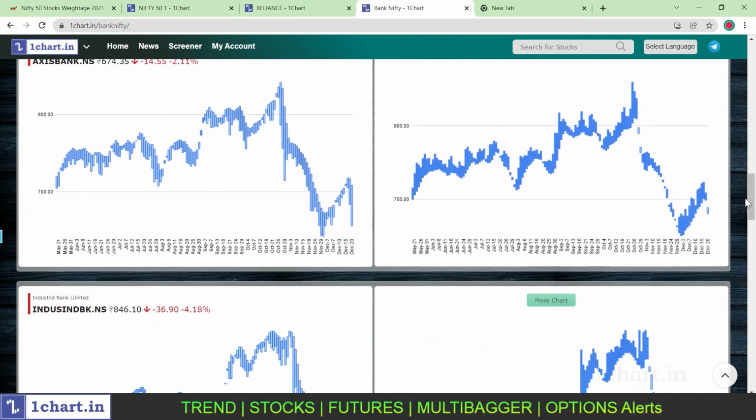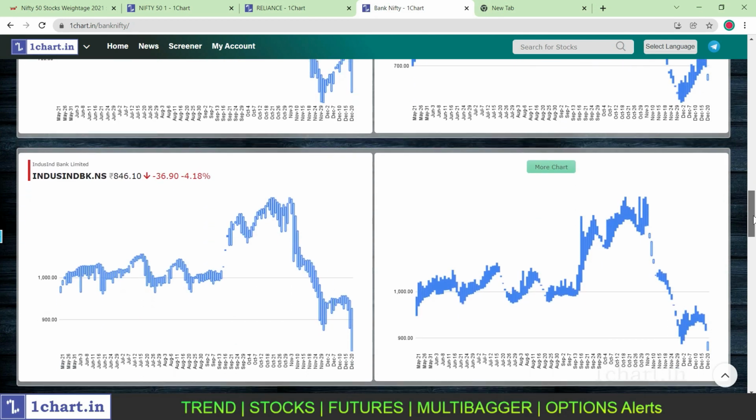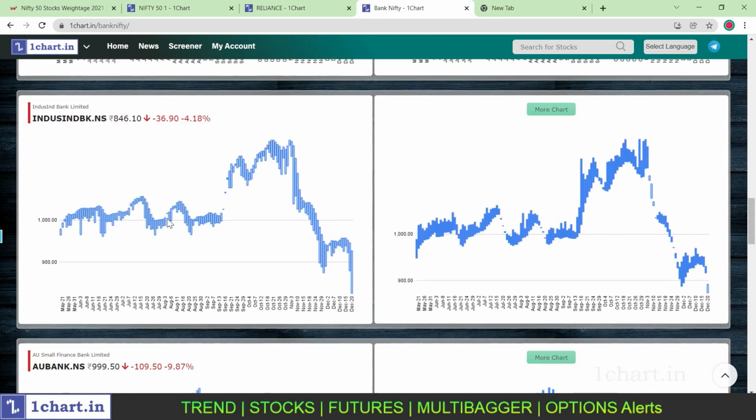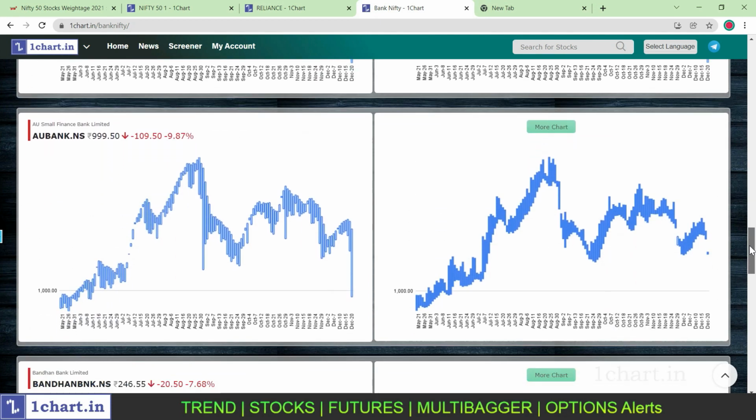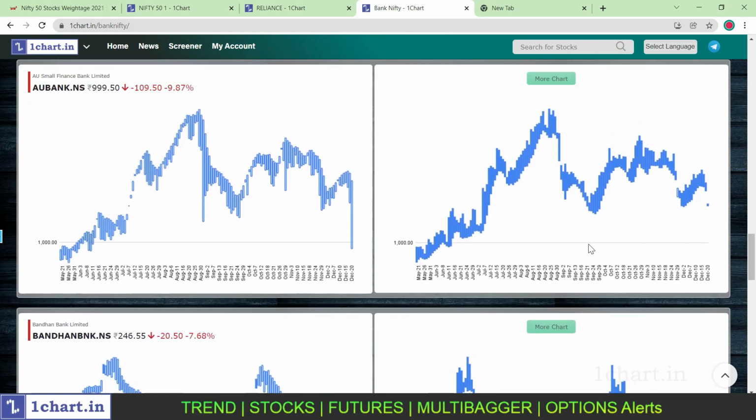Axis Bank, in August month, there is a consolidation and breakout happened. IndusInd Bank, after heavy consolidation in May, June, July, August, after that a small dot formation. This is a buy signal. So August 3rd, this is also a bull run.